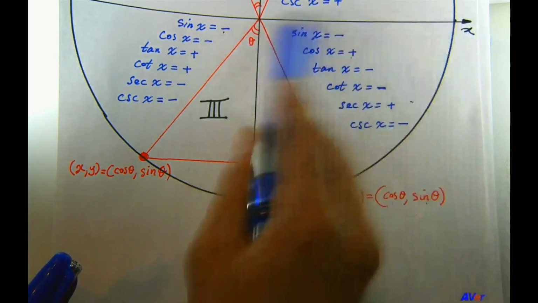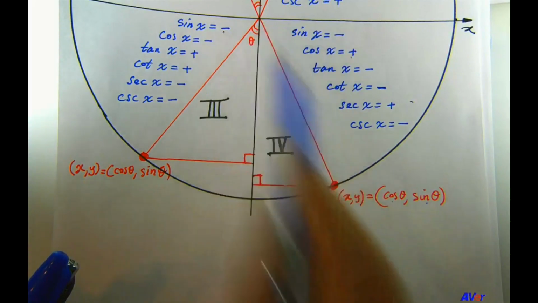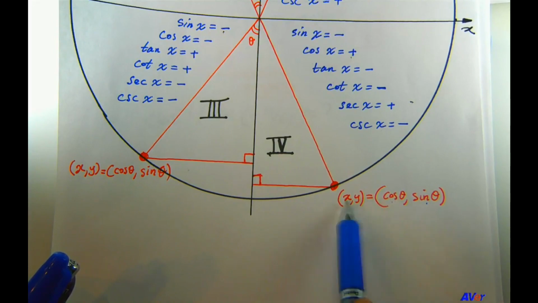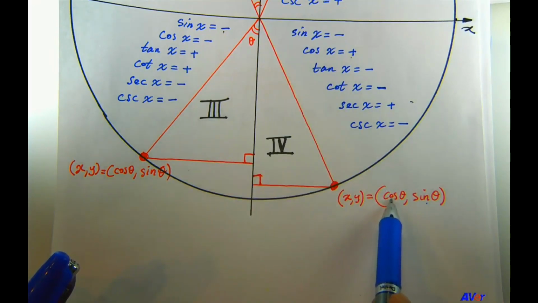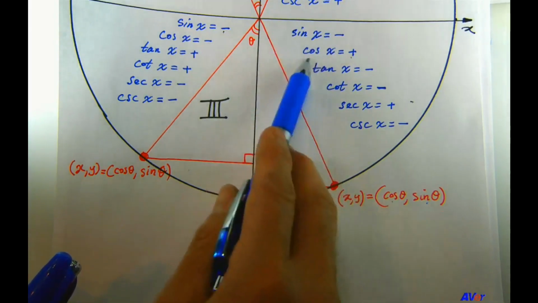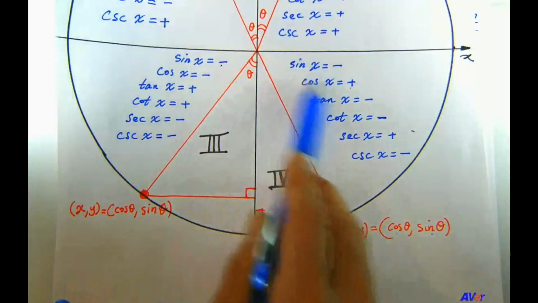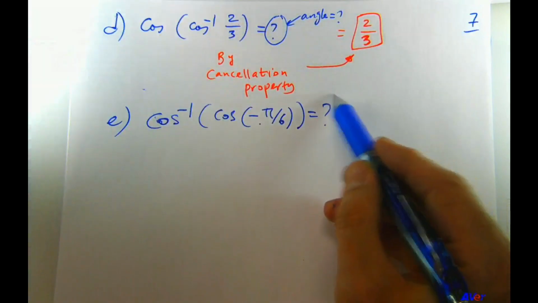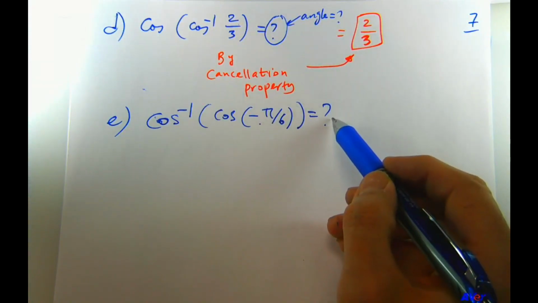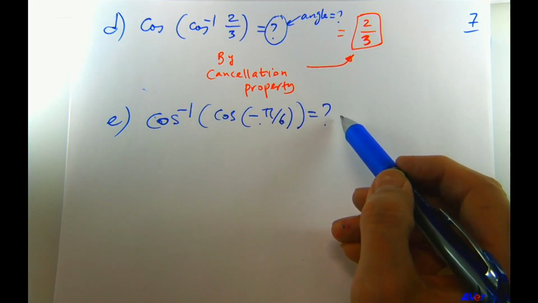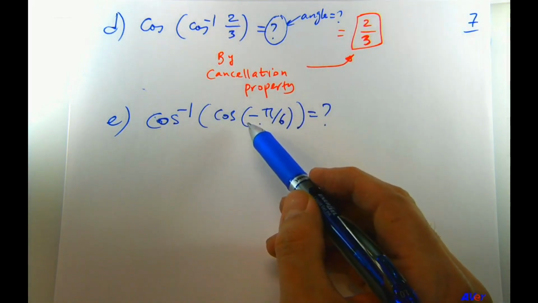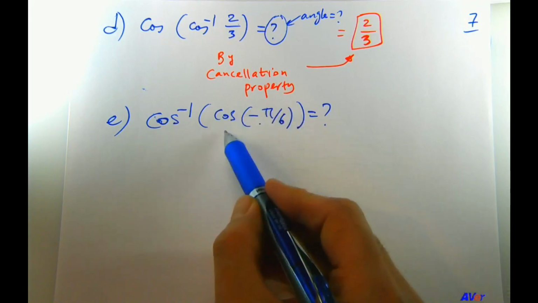We showed this in the first video, and so all the x values in the fourth quadrant, which is the cosine value, are positive. So we know the result we're going to end up with is going to be positive.